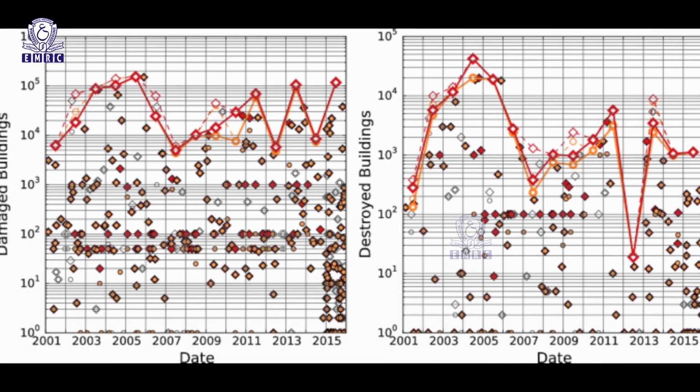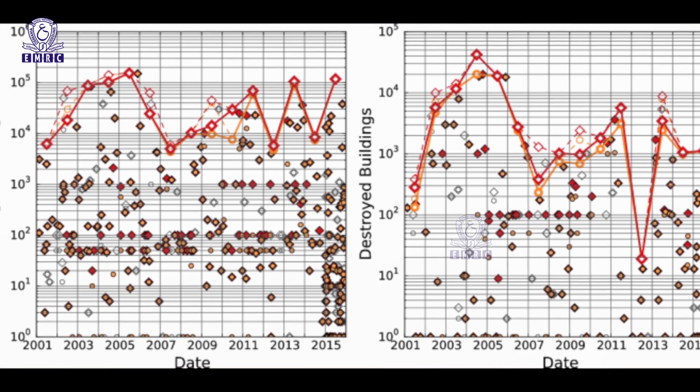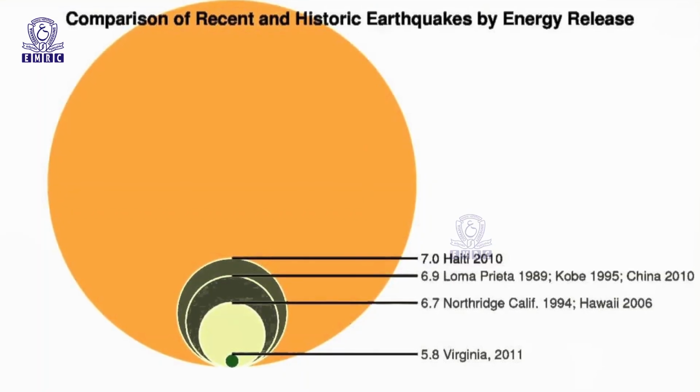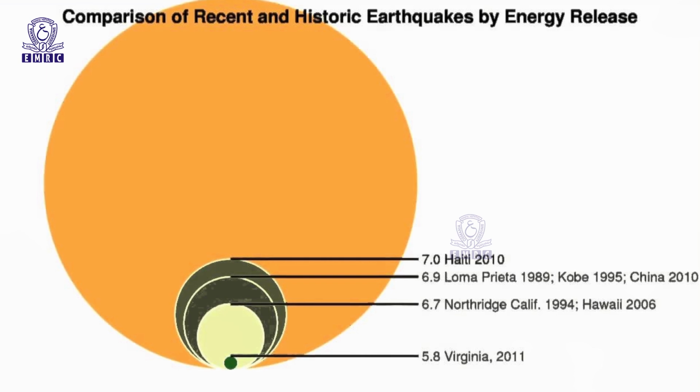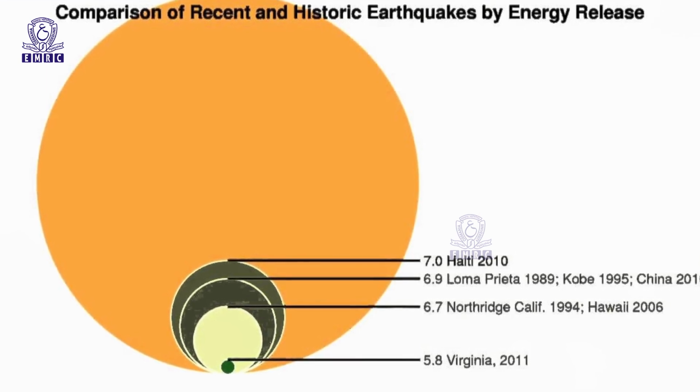The damage caused due to the earthquake is directly proportional to the magnitude. The energy released by an earthquake is measured in terms of ergs and joules. The energy released when the earthquake occurs is measured in terms of the magnitude of the earthquake.